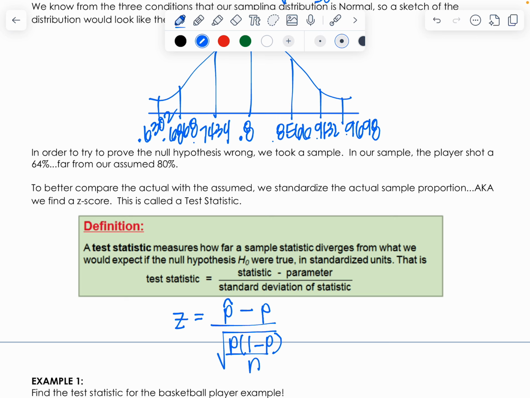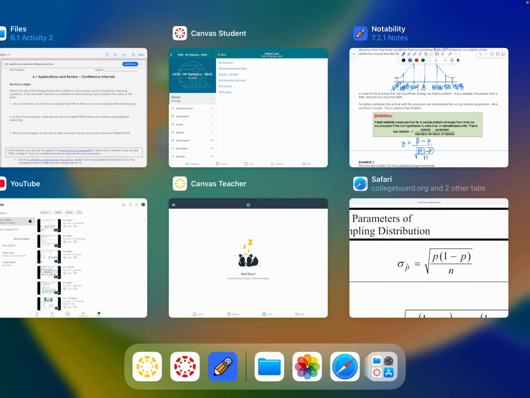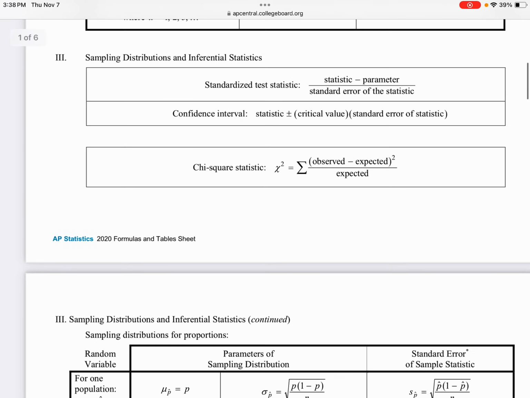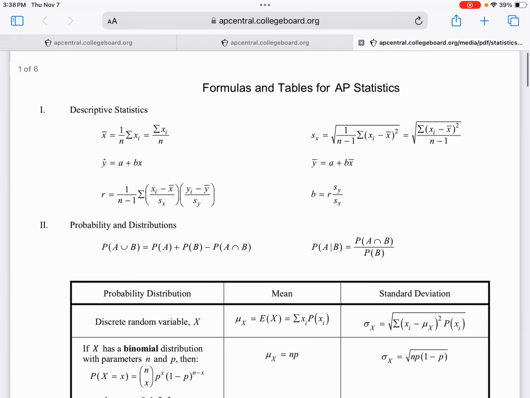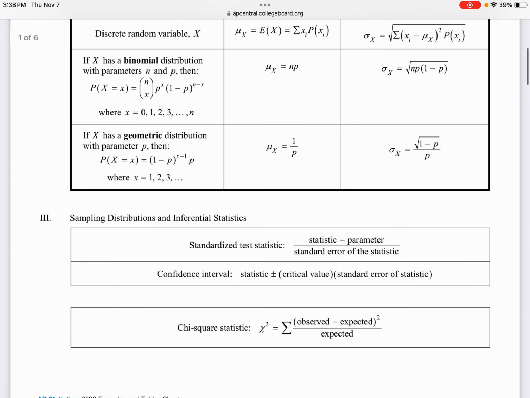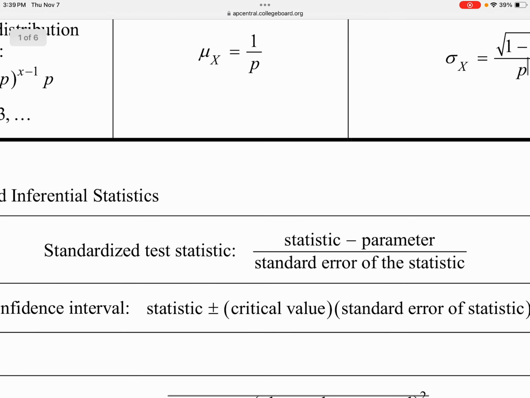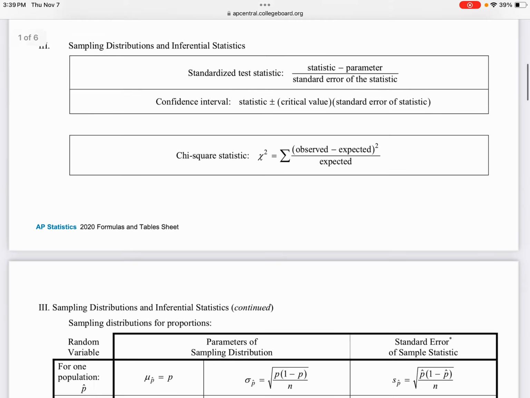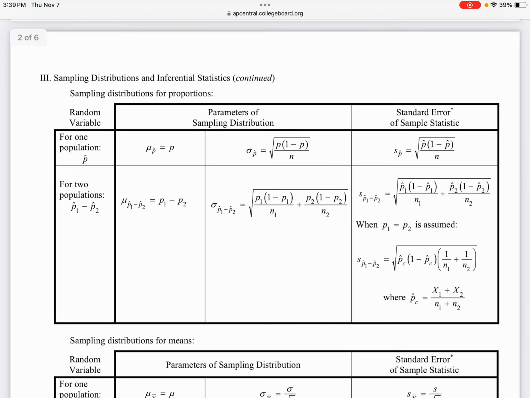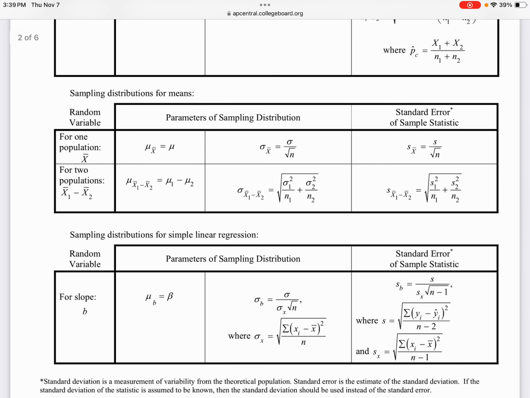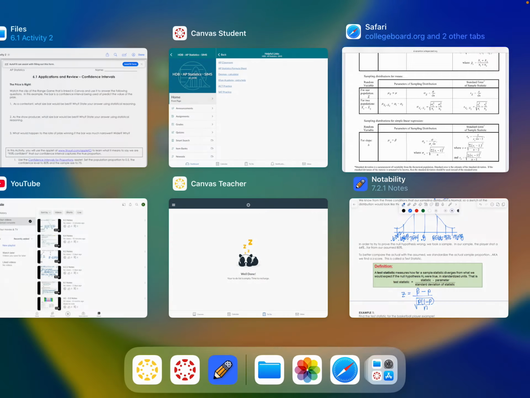All right, now that's kind of on our formula sheet. So if you go up here, oopsies, it is right here: standardized test statistic equals statistic minus parameter divided by the standard error. So you just have to know which bits and pieces from either this proportions table or this means table to use in order to use your formula sheet for this.